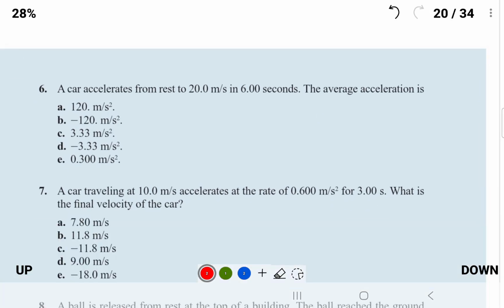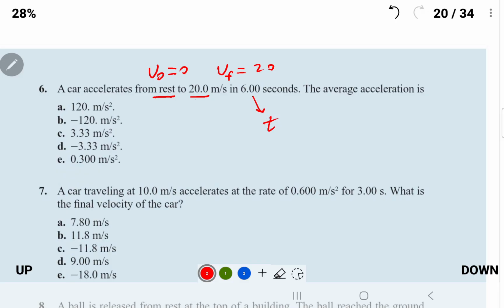Question number 6. A car accelerates from rest to 20 meters per second in 6 seconds. So here, from rest and final velocity is 20. From rest means V0 is equal to 0 and V final is equal to 20, in 6 seconds, this is time.